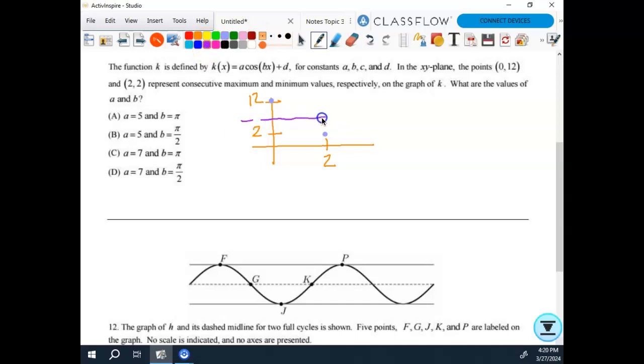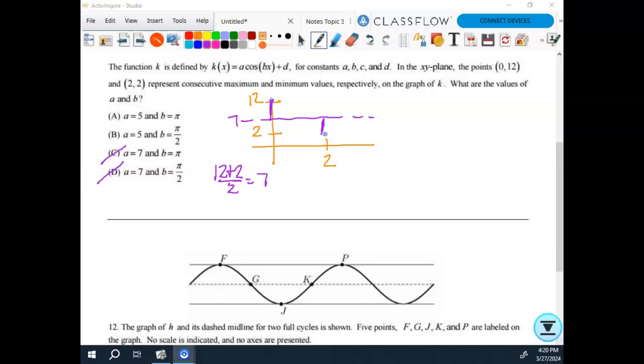So then my midline is in here. Not even asking me for the midline, but I need it to figure out what A is. So 12 plus 2 over 2, that's 7. So I'm here at 7. There's 5 units here, 5 units here. A is 5.